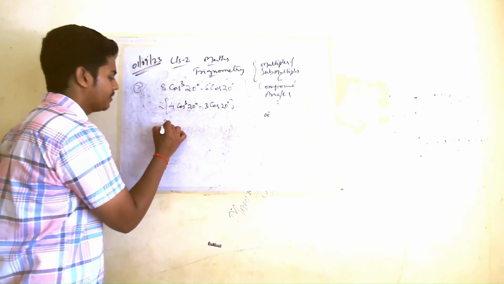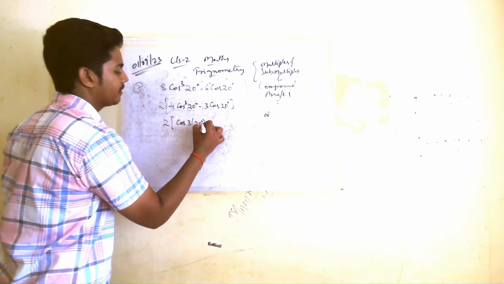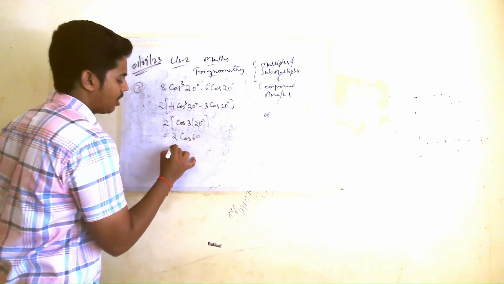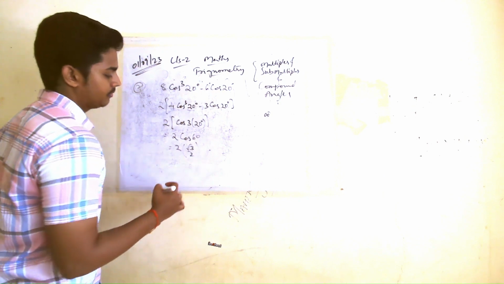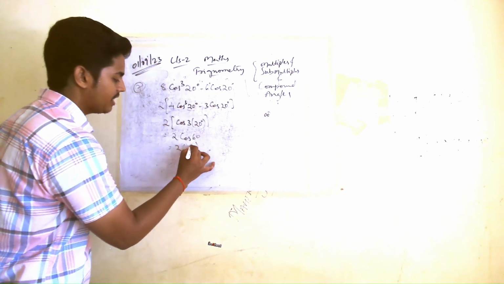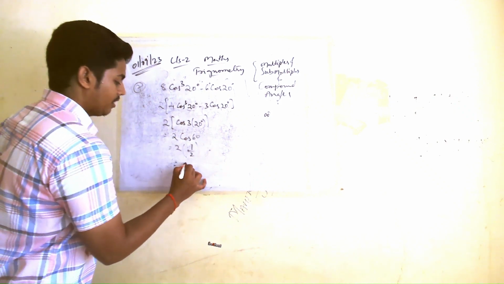Its formula is cos 3 theta. Cos 3 of theta, with theta 20 degrees here, so 2 into cos 60. Cos 60 is root 3 by 2? No, sorry. Cos 60 is 1 by 2. So the answer is 1.